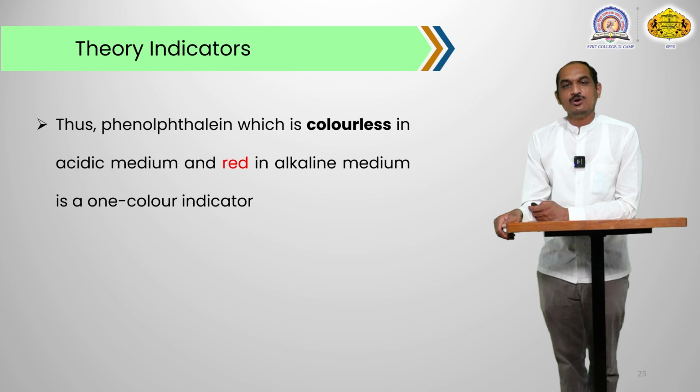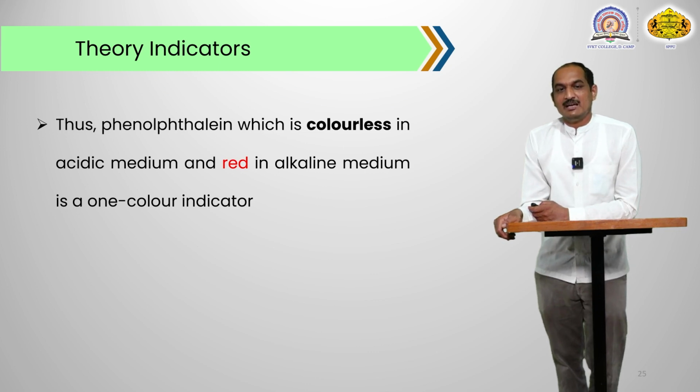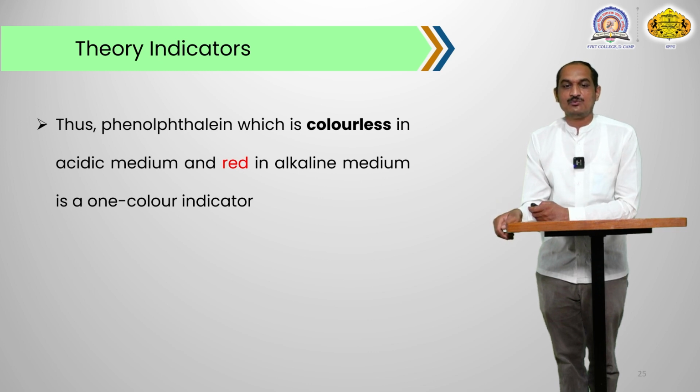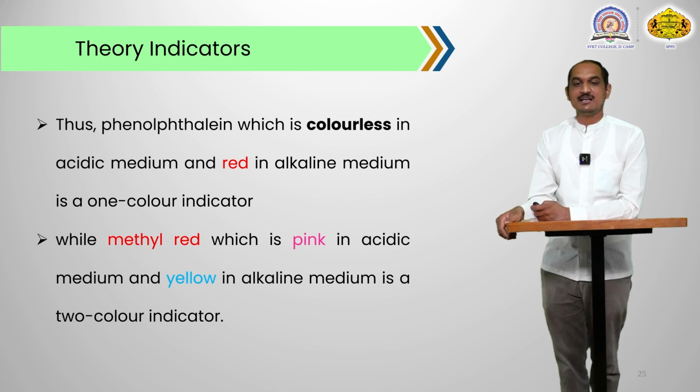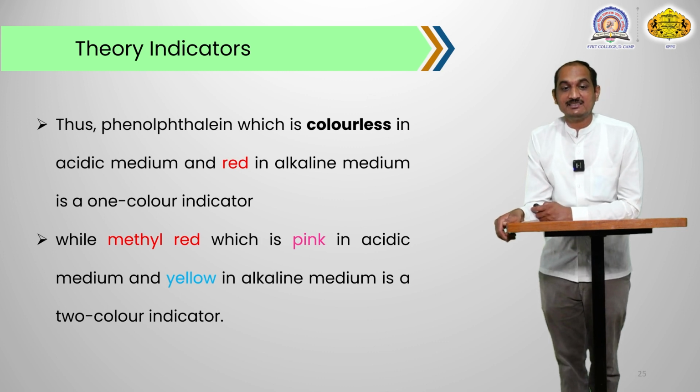So we take the example of phenolphthalein, which is colorless in acidic medium and red in an alkaline medium. So phenolphthalein is an example of a one color indicator. While methyl red, which is pink in acidic medium and shows yellow color in alkaline medium, is an example of a two color indicator.